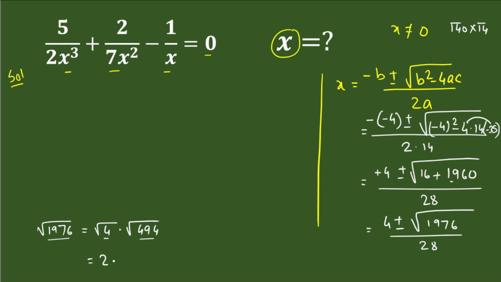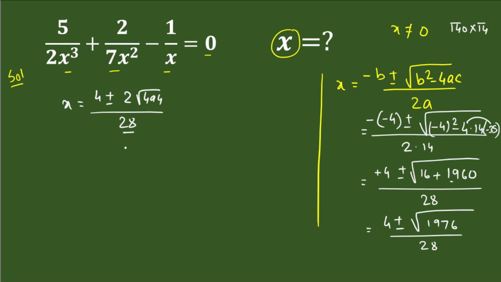So it is 2 multiplied by square root 494. So from here the value of x is equal to 4 plus minus 2 square root 494, divided by 28, right?